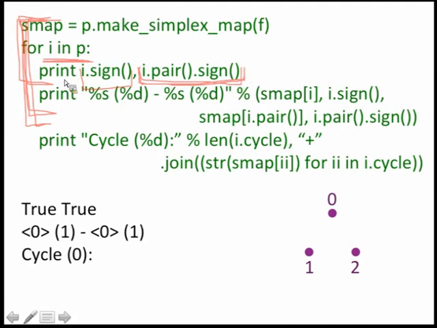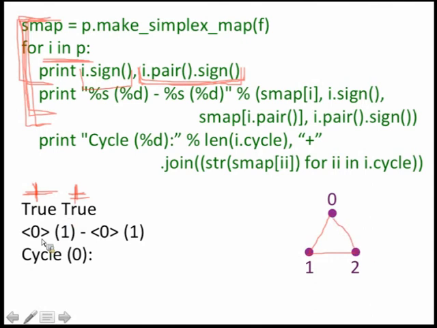The sign of the simplex will be true if it's a positive simplex and false if it's a negative simplex. So in this particular case, 0 never got paired with anything. So this was a little bit of a weird case. We had 1 gets paired with 0, 2 gets paired with 1, and then we have a positive simplex.